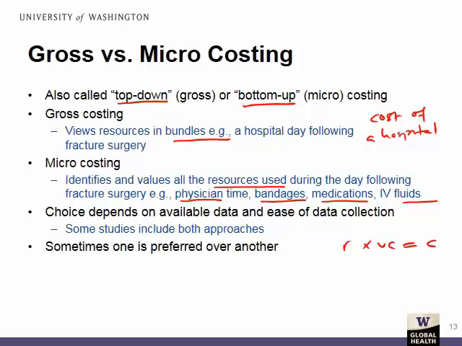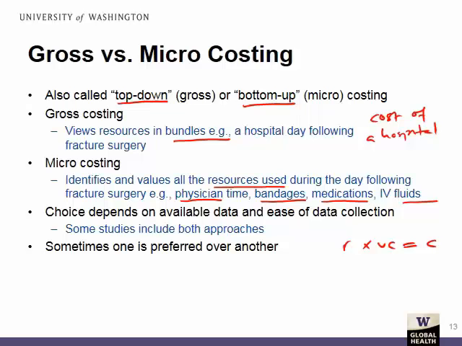Now, the choice of gross or micro costing depends on the data availability and the ease of data collection. Some studies actually use both approaches. And in some cases, one is preferred over the other. An example is if you have a labor-intensive intervention, like maybe hemodialysis, and you're comparing that to peritoneal dialysis, which is ambulatory and continuous.